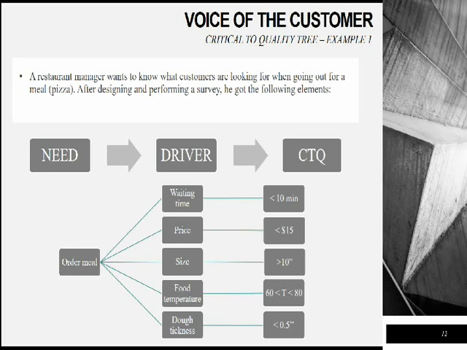The requirements for all of them are: for waiting time, the customers want to have their meal in less than 10 minutes. The price below $15. The size of the pizza more than 10 inches. The food temperature between 60 and 80 degrees, and dough thickness lower than 0.5 inches.